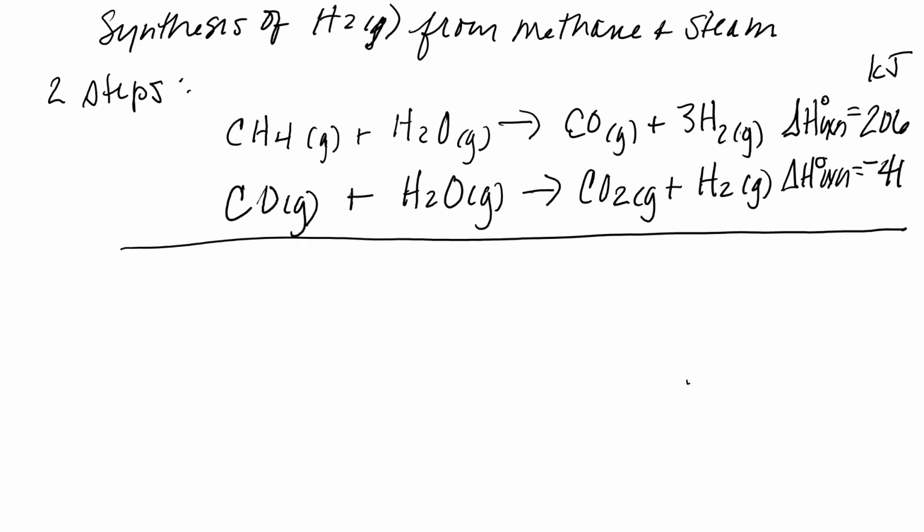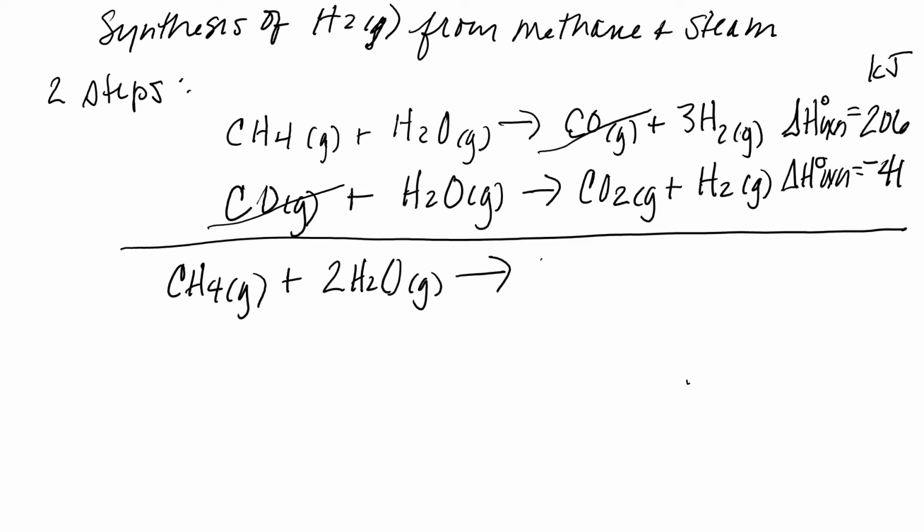I'm going to add these two reactions together after I cancel components that appear on different sides of the arrows, and that is carbon monoxide. So I can sum these now, and I get CH4 plus 2 moles of gaseous water, giving us 1 mole of CO2 and 4 moles of H2 gas.